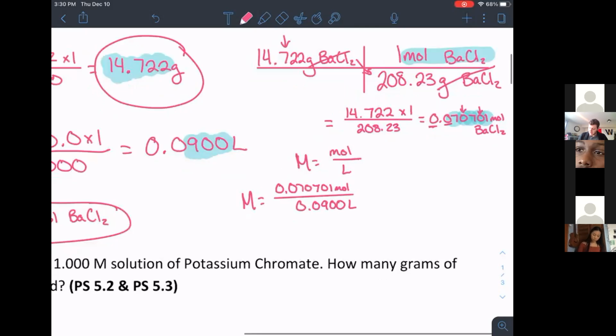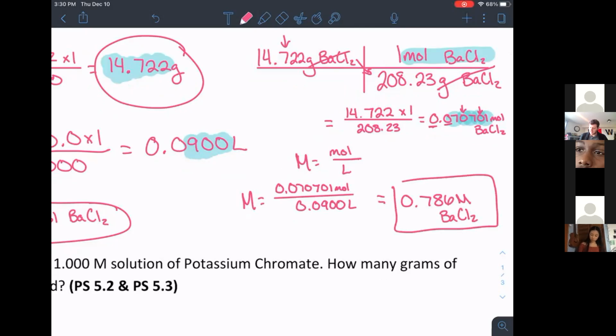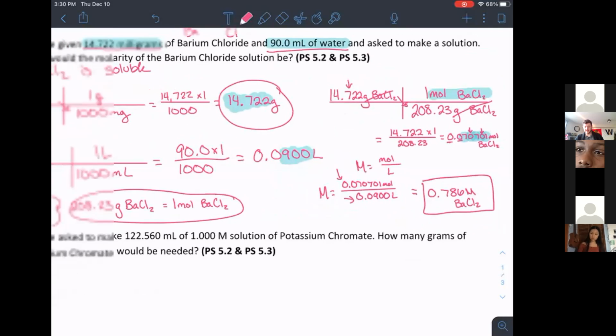And when I solve this, I should get a value of 0.786 molar of barium chloride. And we only have 3 significant figures because we have 3 from our volume, which is lower than the 5 from our moles, which means we use the 3 from our volume. Any questions on that first one?